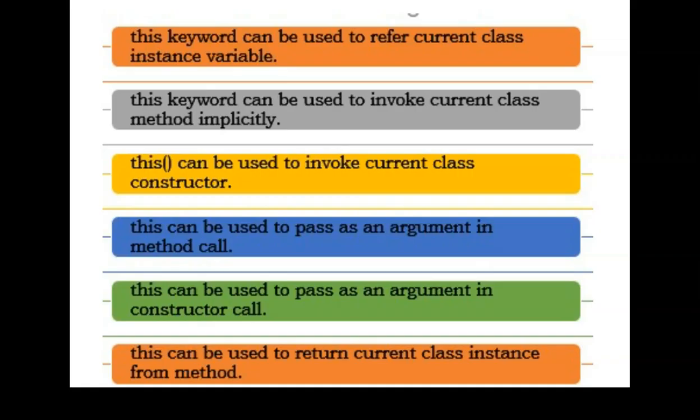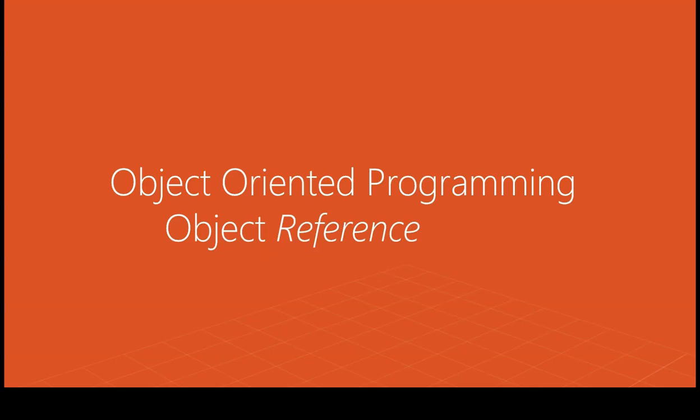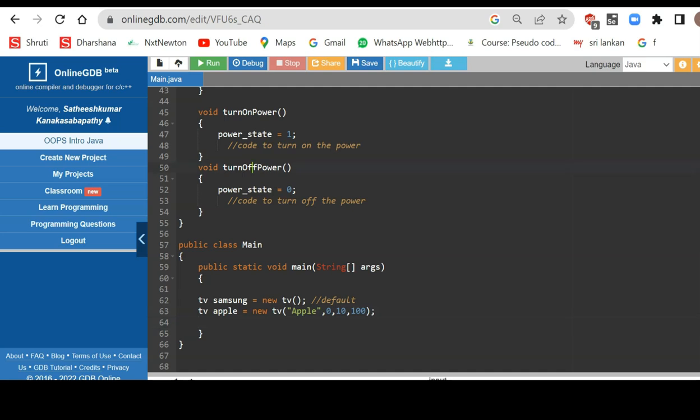It has multiple purposes apart from what we have seen here. One is that the this keyword can be used to refer to the current class instance variable. That's what we used now. There are multiple other uses of the this keyword. We will not discuss them now. We will discuss each of these later. Next, let's look at reference.